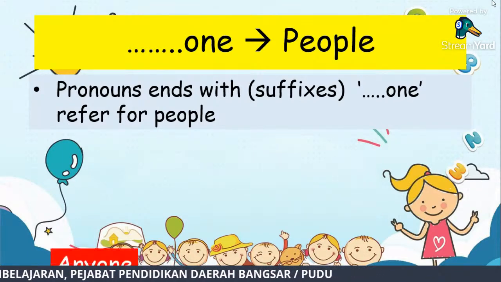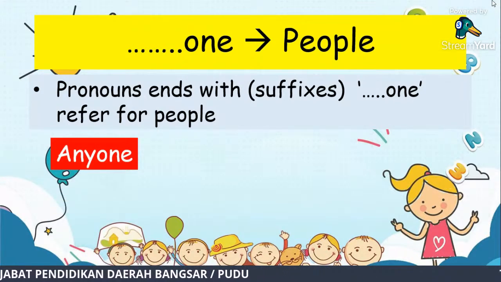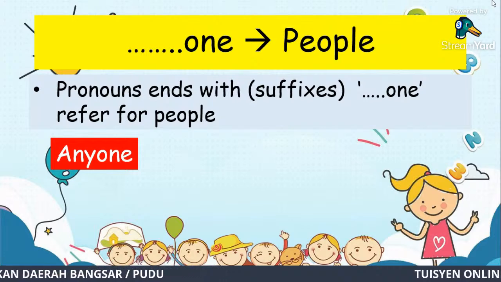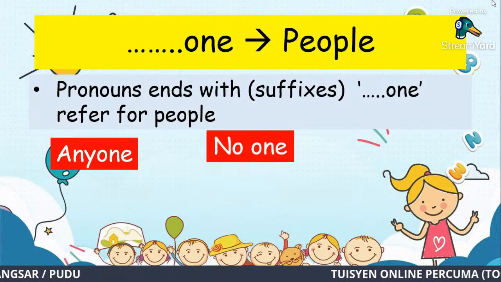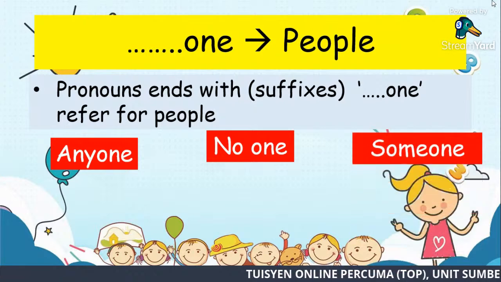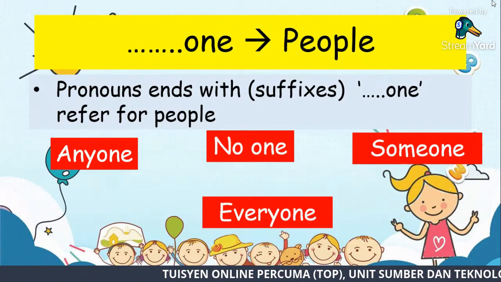These are the examples: anyone, no one, someone, or everyone.